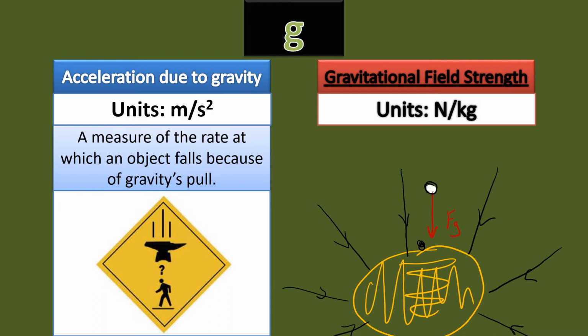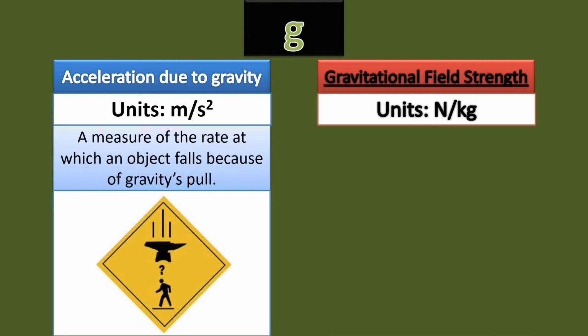So if you had 1 kilogram, you would feel how many newtons? On Earth, it's 9.81 newtons for every kilogram of mass that you have near Earth's surface. So if you have 1 kilogram, you would feel 9.8 newtons of force. That's how strong the field is.